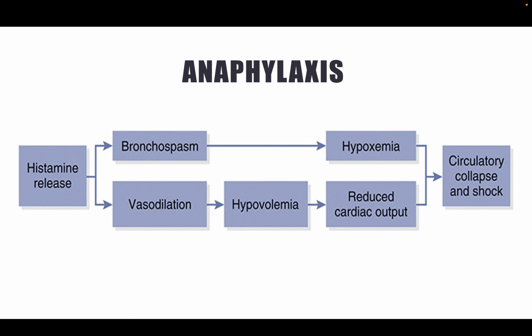And if that process grows out of control, we go into anaphylaxis. So we've got that histamine release, and then that'll turn into bronchospasms, turn into vasodilation. Your vasculature becomes more permeable. We've got a little bit of third spacing and leakage, and that will lead into anaphylactic shock, this type of distributive shock.